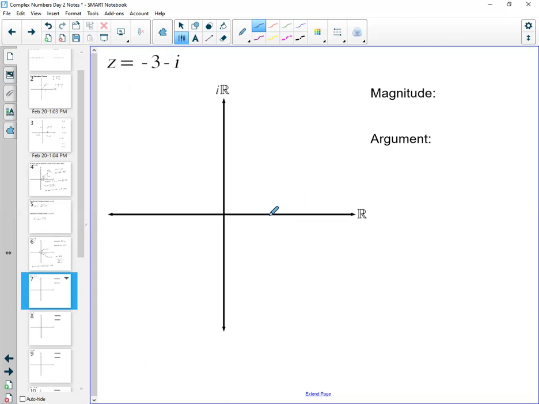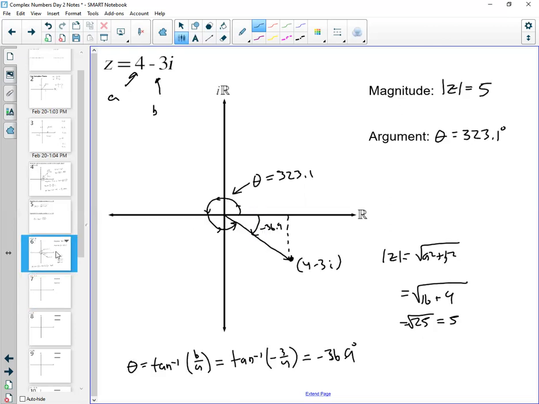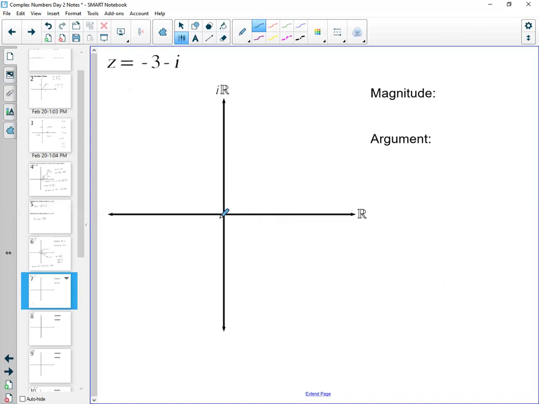-3 minus i, wait, what's the last one? Oh, -3 minus i is down here. Go back 3, go down 1, and here's my z right there. So the magnitude again, square root of a squared plus b squared. a is -3, b is -1.